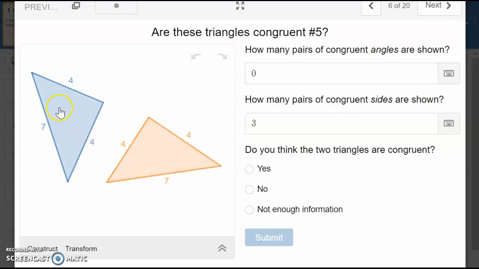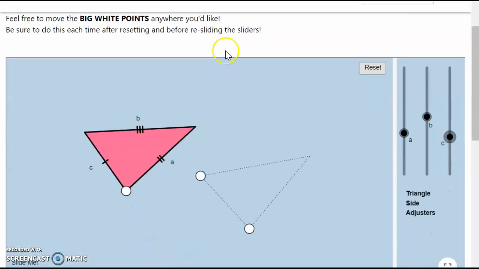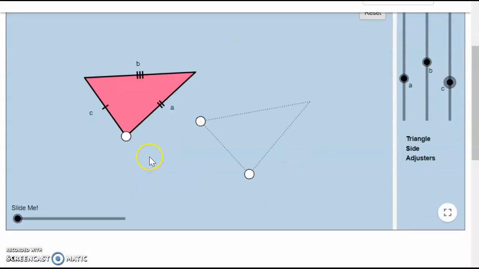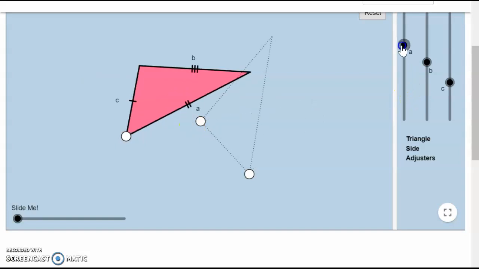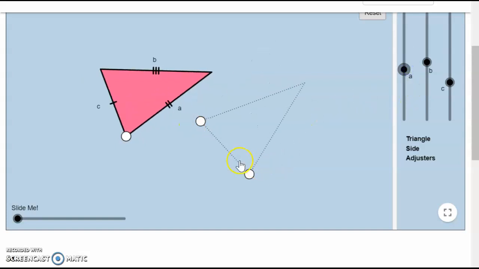What about this? This time we have 3 pairs of congruent sides. We have 4 matching with 4, another 4 matching with another 4, and 7 matching with 7. Is that enough information? To find out, we're going to explore GeoGebra again. Here we go. We can change the length of the sides, but they actually match up exactly.